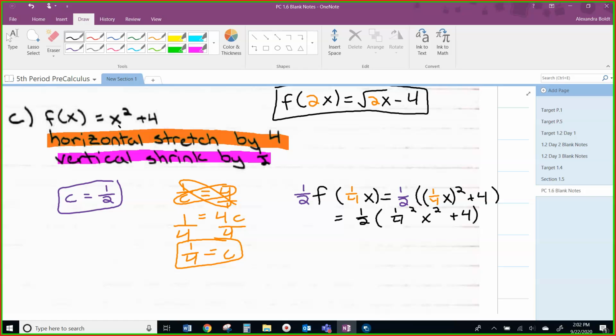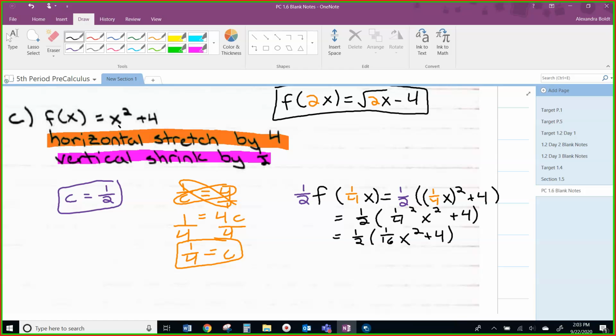So that equals 1/2. Well, 1/4 squared is 1 squared, which is 1, over 4 squared, which is 16. Squaring fractions is easy. So you can think of it as this squared going to all of these things.